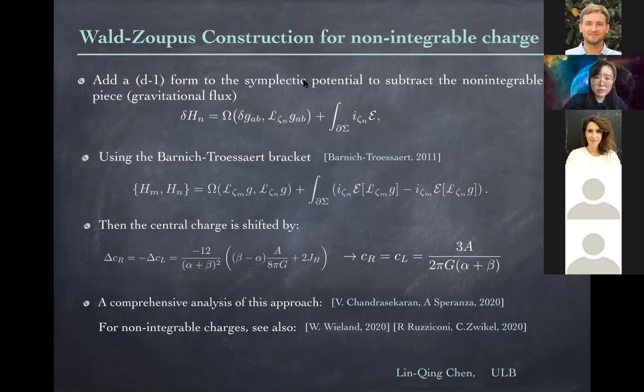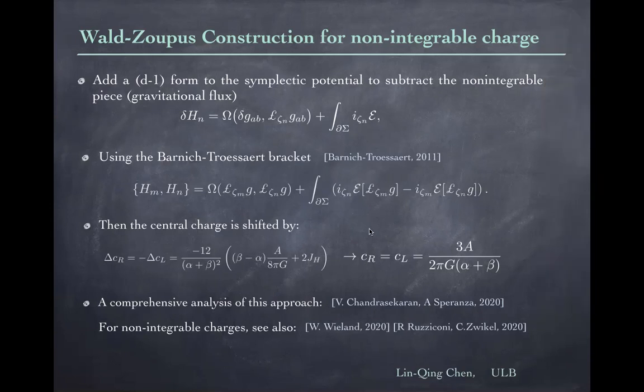And for this whole Wald-Zoupas construction, I'll refer to a comprehensive analysis done later by Ran and Anthony. What they did is, if you have a certain principle of fixing what is flux, and what is to take the symplectic potential, because there's ambiguity: you can add an exact form in terms of a spacetime exact form and a field space exact form.